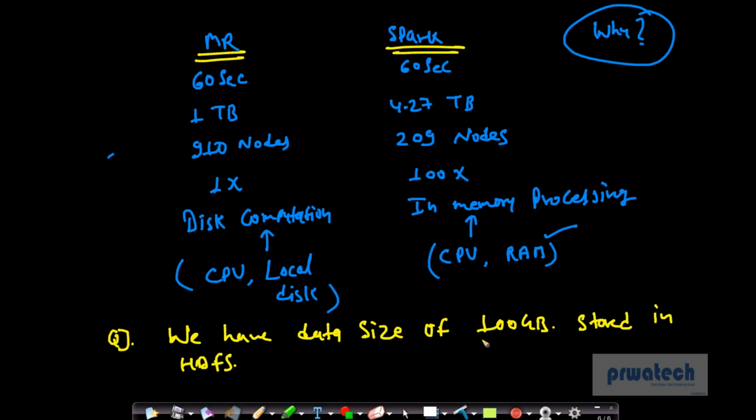Once this is stored in HDFS, and you have a RAM configuration of only 2 GB, then what is the use? Maybe this will fail because you do not have enough caching available. This is what RAM does. RAM will cache it. This is why your system is faster.